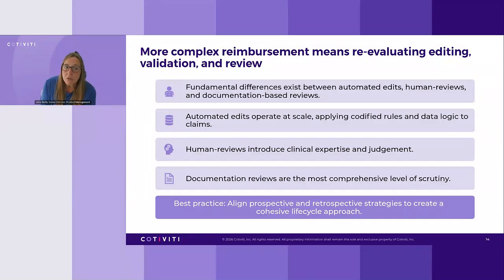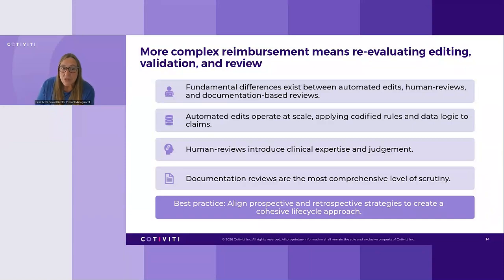So when clinical nuance and documentation and interpretation or context-dependent judgment is required, then automation alone isn't sufficient. And that's when you move into the human review. The human review introduces the clinical expertise and judgment into the process.